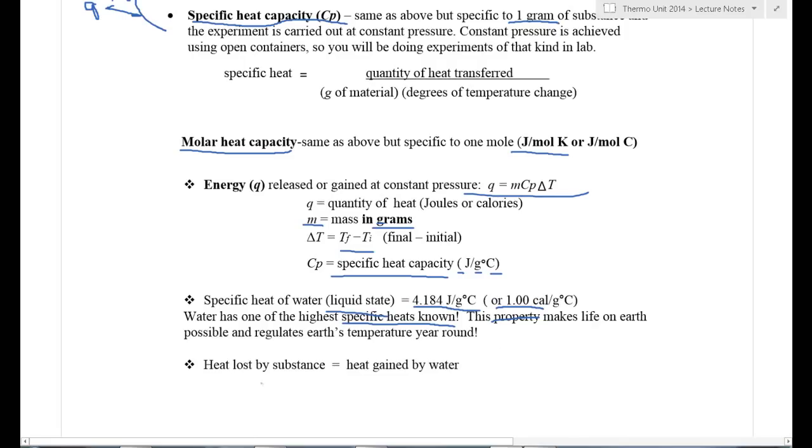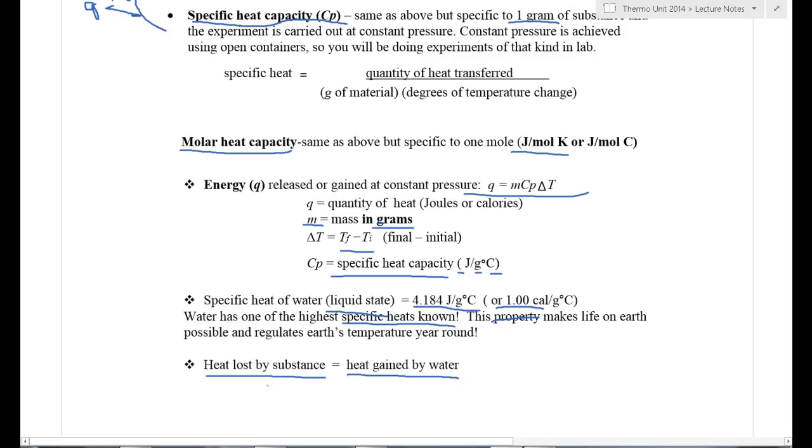And the whole key behind calorimetry is that the heat lost by the substance, whatever's reacting, whatever process change is going on, is going to be equal to the heat gained by the water. And this is based on the first law of thermodynamics, that heat or energy can't be lost or gained.